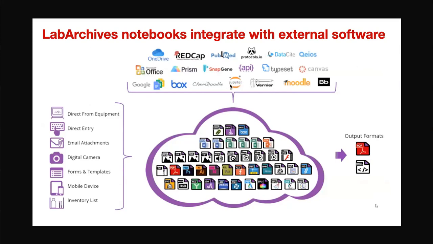It connects with Jupyter very well, connects with Box and OneDrive, of course. So there is a very large variety of data files and data formats that LabArchives understands. And then you can output it, of course, either in PDF or in HTML.